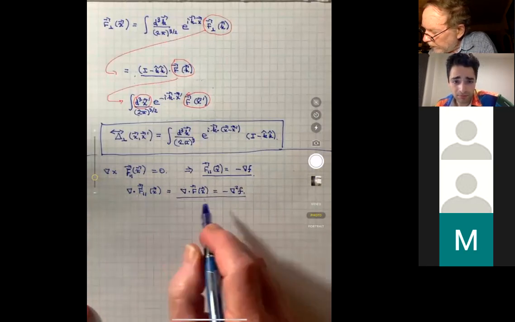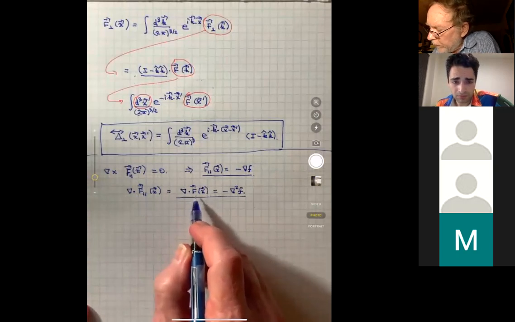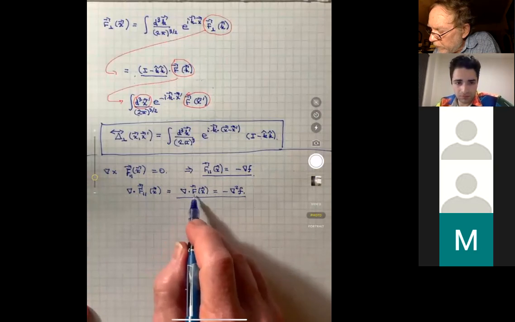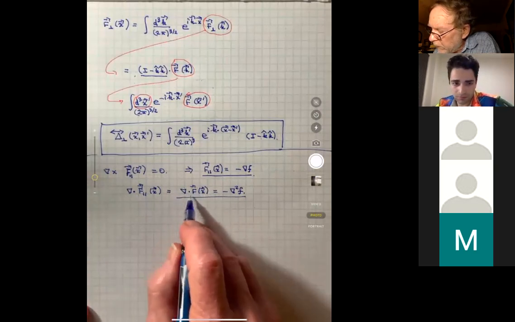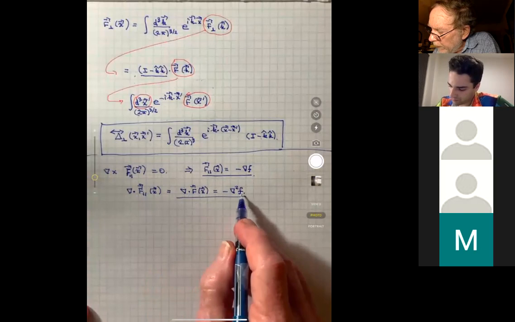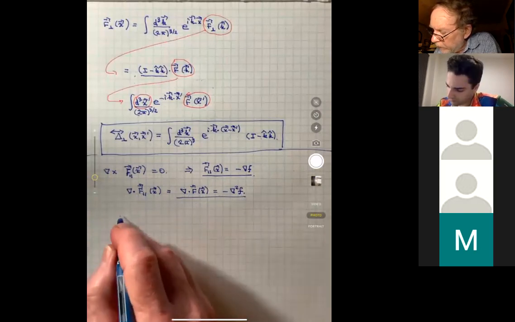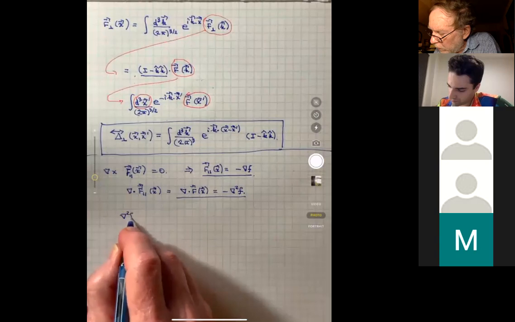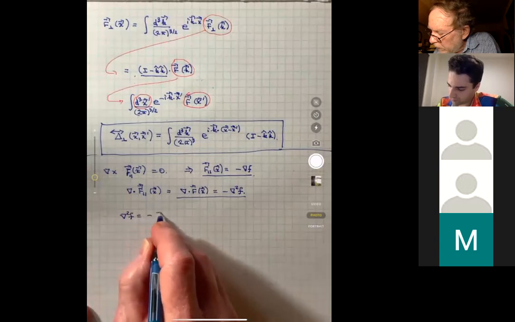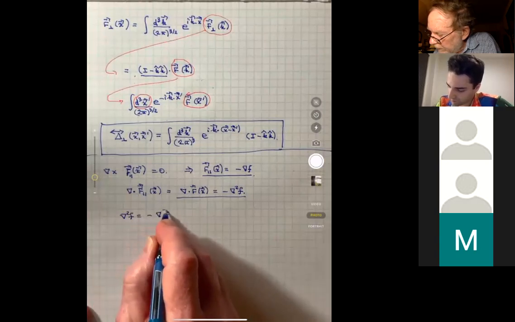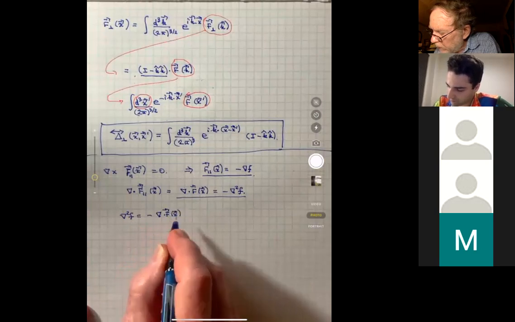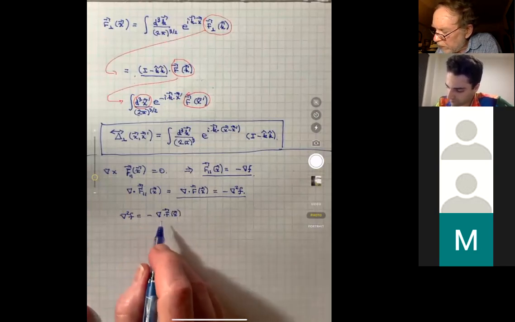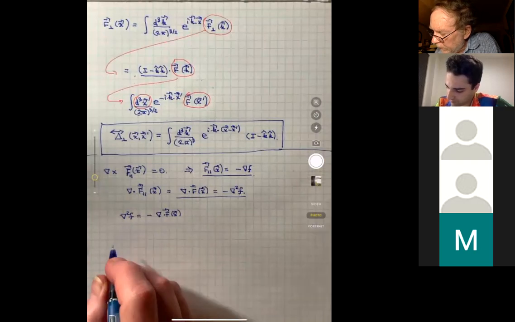So if the original vector field f of x is given, and we want to get the transverse part, then we can compute its divergence. So this left-hand side is known, and what we get is a Poisson equation for the unknown scalar f. I can turn this around to make it look more like the Poisson equation. The del dot f of x looks like a charge density, and f is the potential.